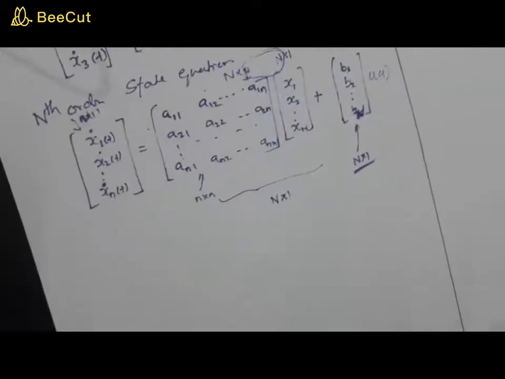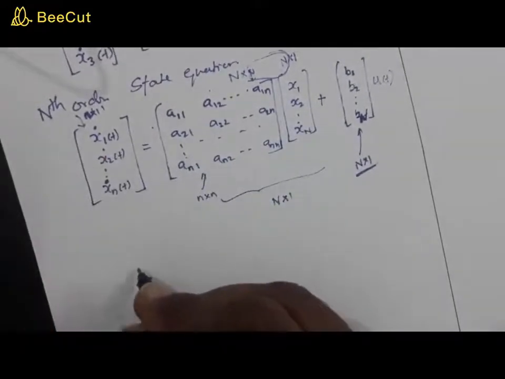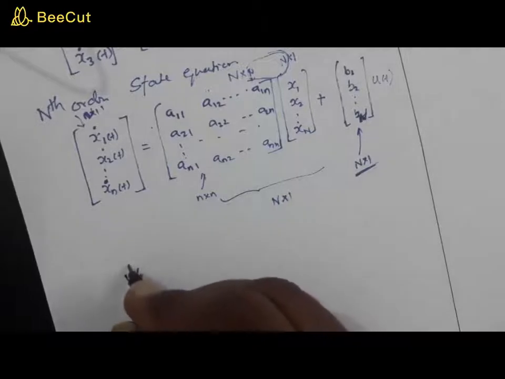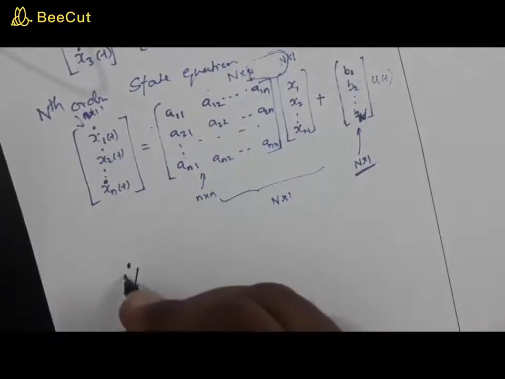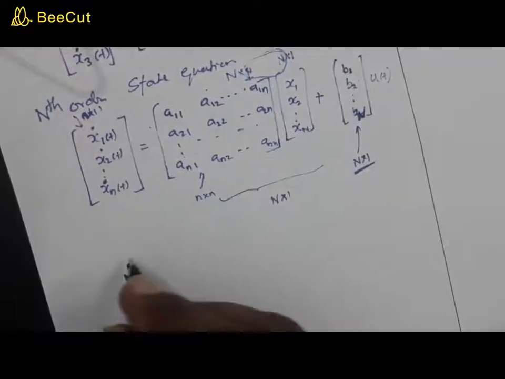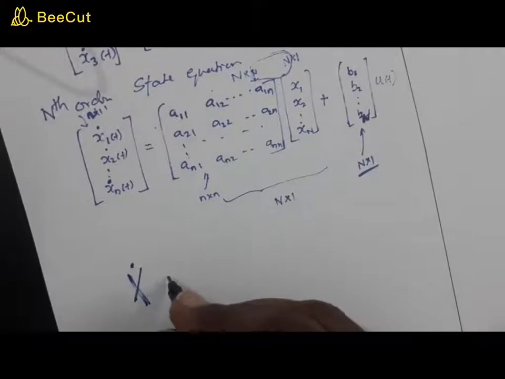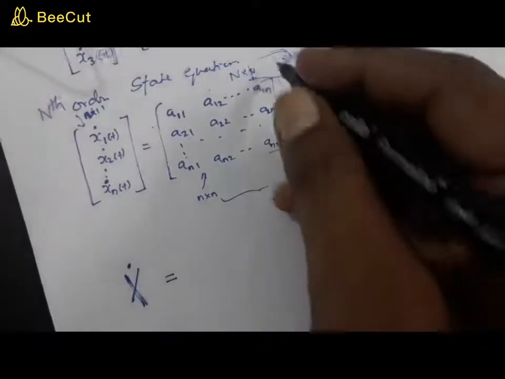Now in short, this nth order state equation can be represented in matrix form as x dot. This is actually the derivative. x stands for the state variable, while x dot represents the derivative of the state variable. This is equal to this matrix.